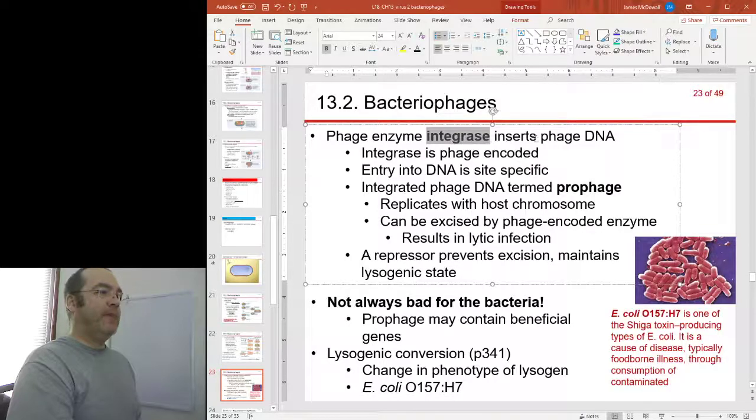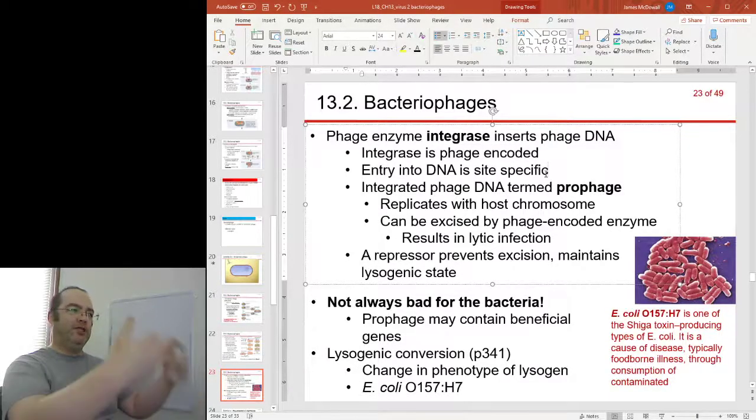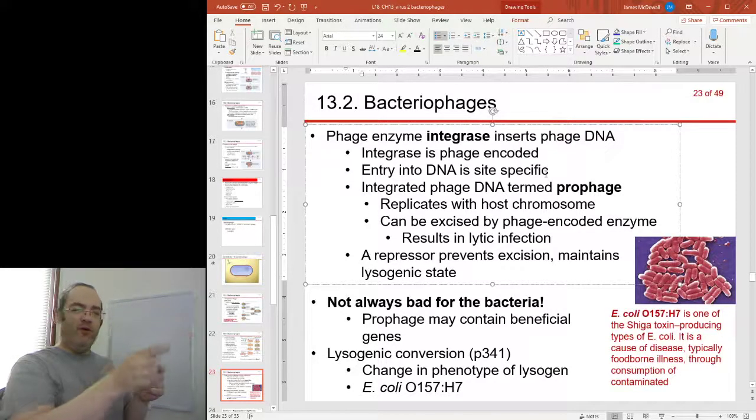The DNA of our temperate phage is inserted into the DNA of its host using an enzyme called integrase, and integrase is encoded on the phage genome, so it does require a little bit of decoding first before the viral genome can be inserted.